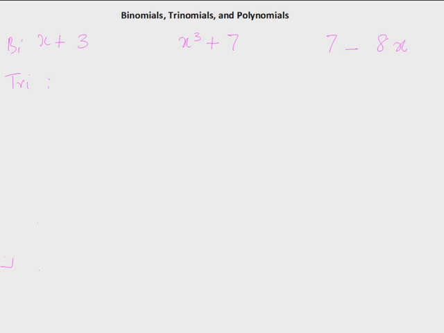Similarly, what's a trinomial? Obviously a trinomial is an expression with three terms. So x cube plus 4x minus 7 is a trinomial expression. And what's a polynomial? That's an algebraic expression with any number of terms. It could be something like this.